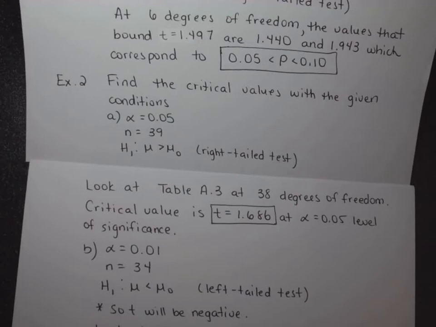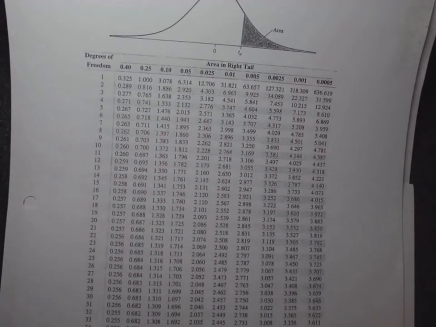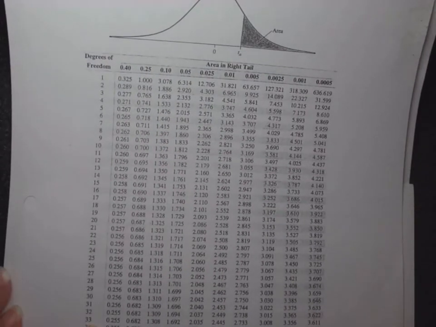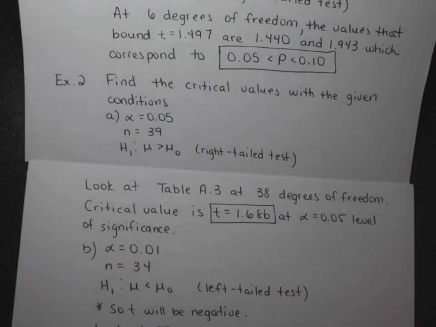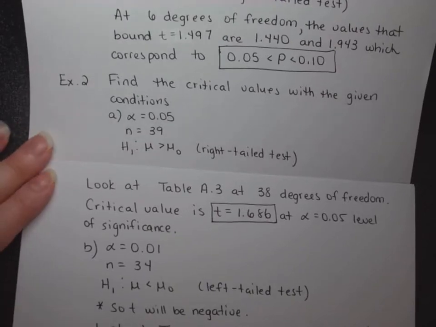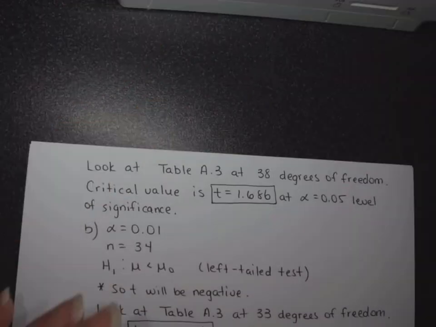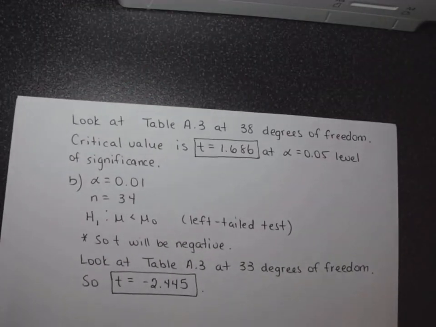Okay, so again, if we look at 33 and we look at 0.01, we'll get 2.445, if you look at the right row, but we know that it's going to be negative since it's left-tailed. Okay, so that's essentially how you do one-tailed tests.